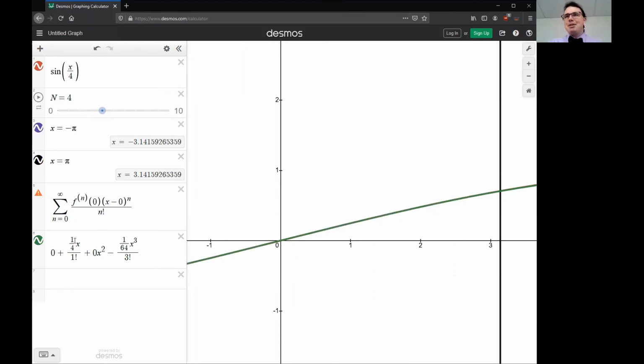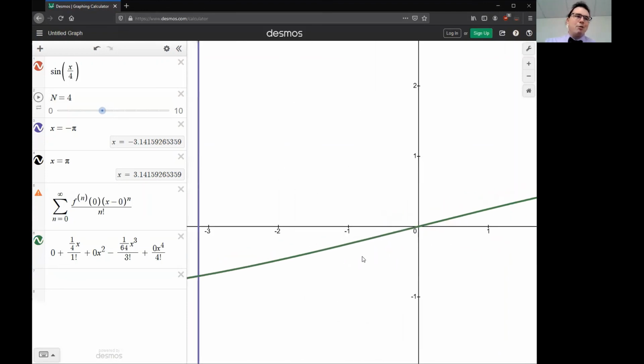Now something funny happens in this problem because my fourth derivative of this function will be back to the sine function times 1/256. But I know that's going to be 0 when I plug in x equals 0. So my fourth power term doesn't really do a whole lot for me in terms of approximation.